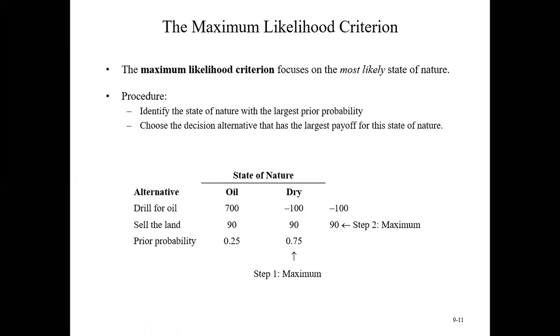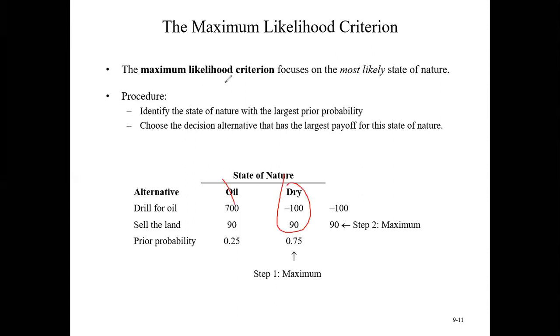Okay, so we decide that it's more likely that we're going to have no oil than it is likely that we're going to have oil. Okay, and if that's the case, then we now narrow our decision to just these two options.